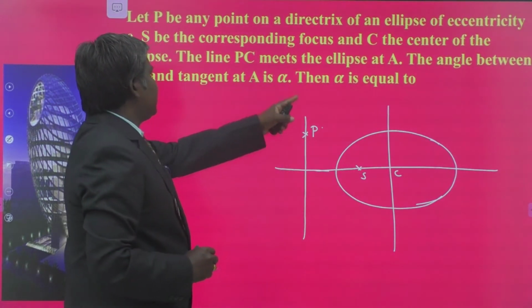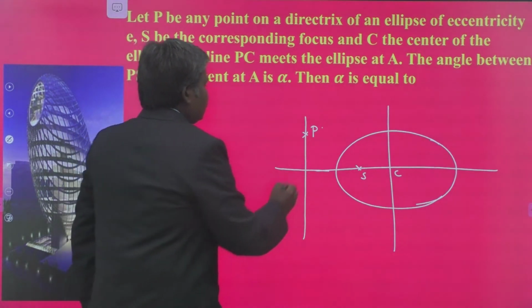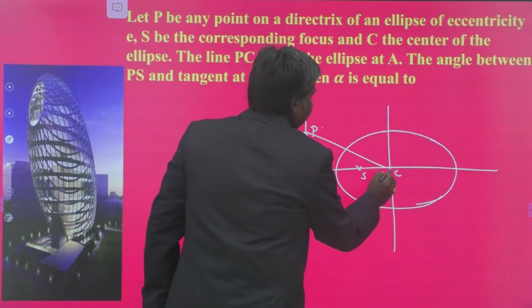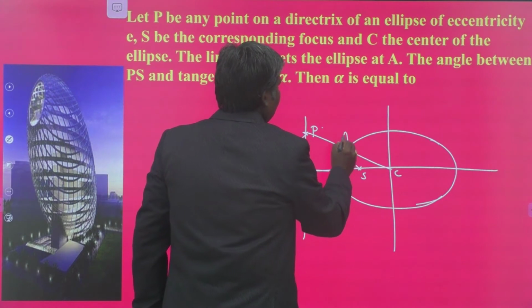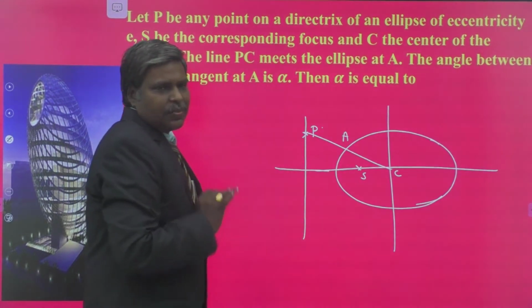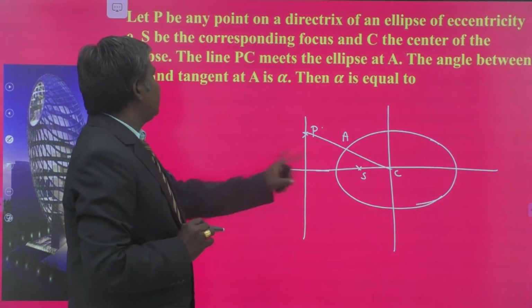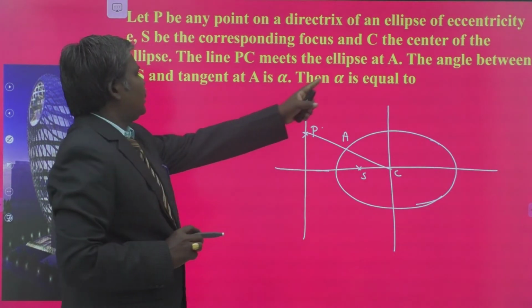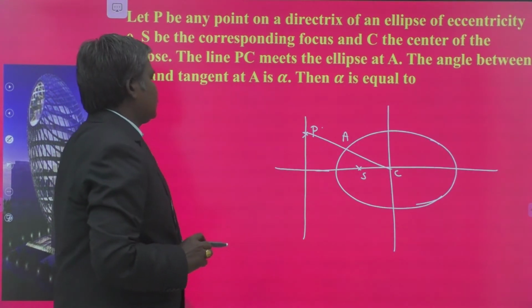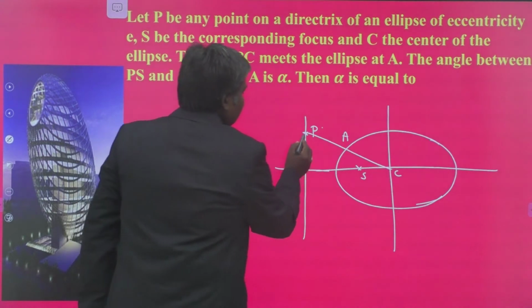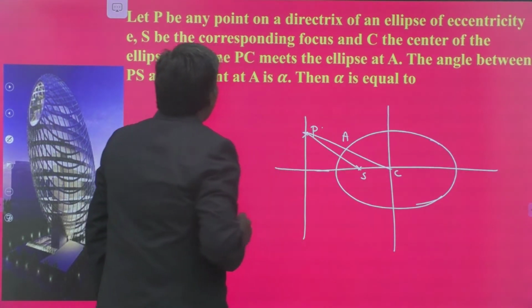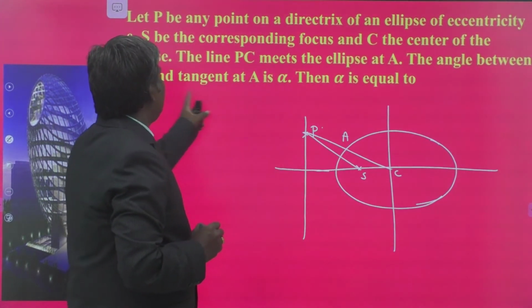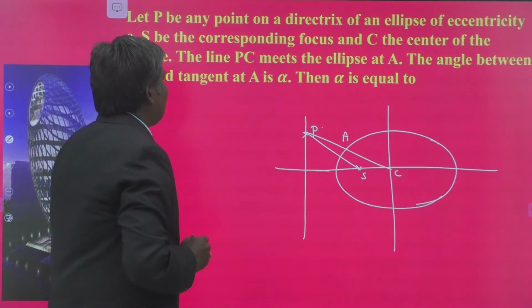The line PC meets the ellipse at A. This is the line joining PC, meeting the ellipse at our point A. It is not the vertex, it is the point of intersection of the ellipse with PC. The angle between PS and the tangent at A is alpha.